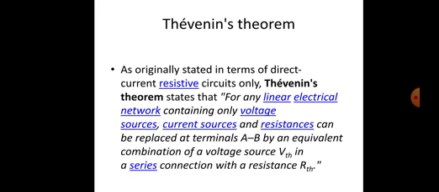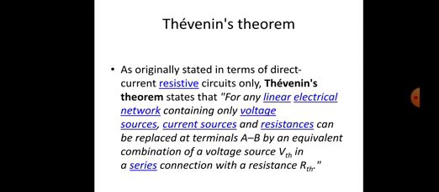Thevenin's theorem states that it is possible to simplify any linear circuit irrespective of how complex it is to an equivalent circuit with a single voltage source and a series resistance.